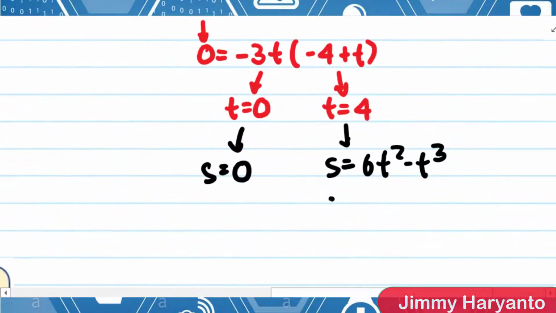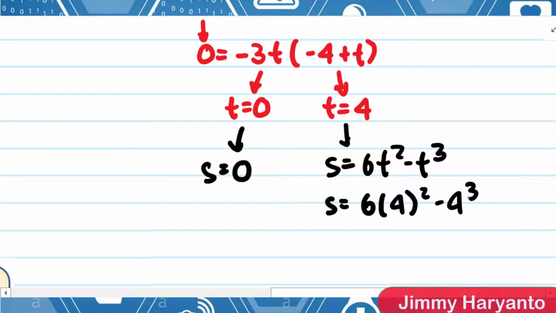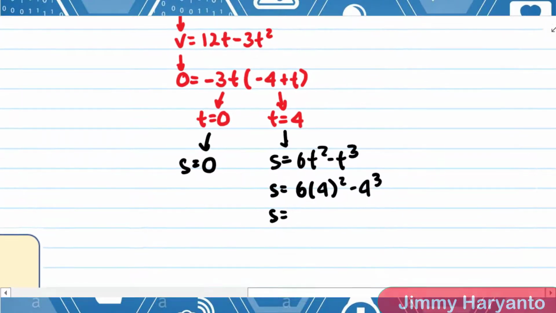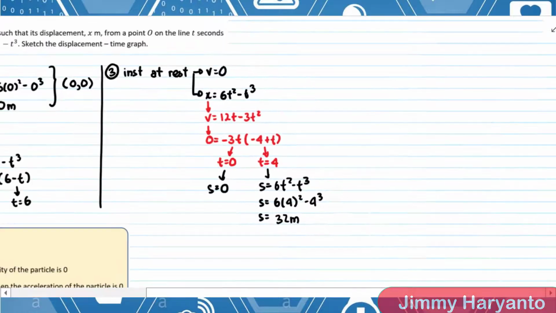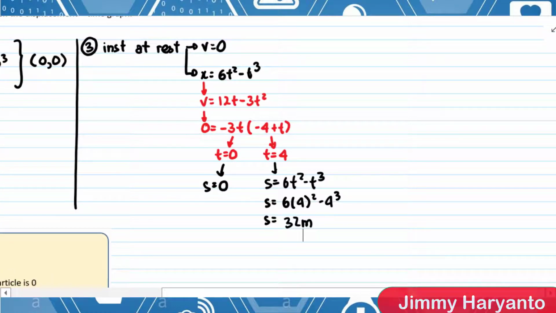I will replace the t with 4. 6 times 4² minus 4³, and the answer is 96 minus 64, which is 32 meters. So later in your graph, the particle will be at 32 meters when it stops moving.